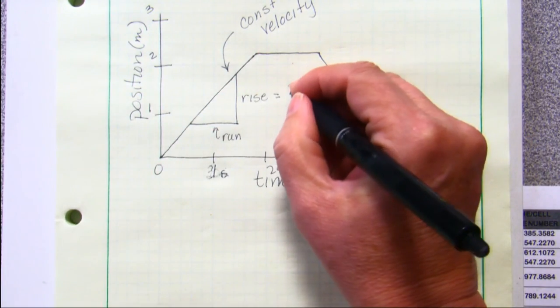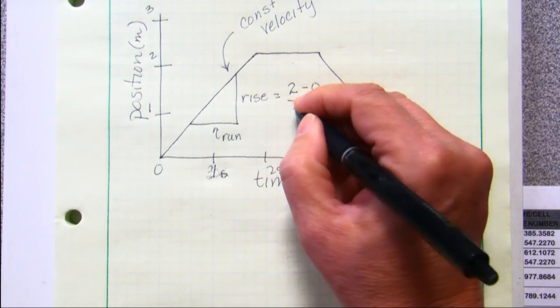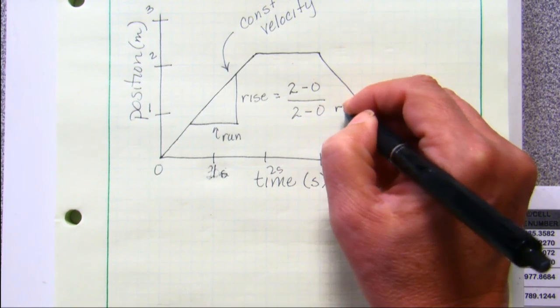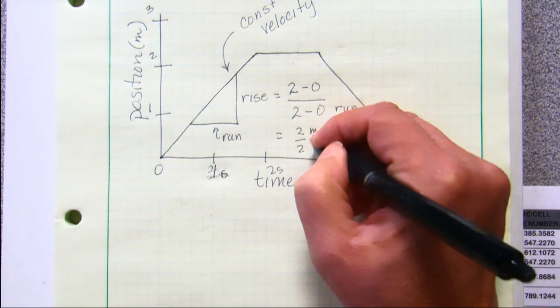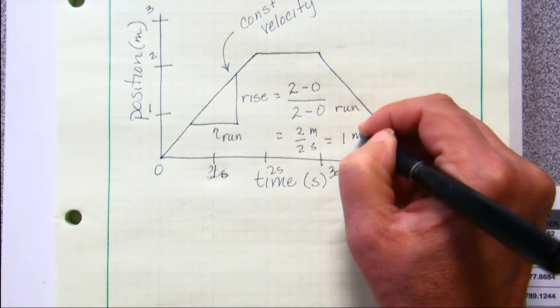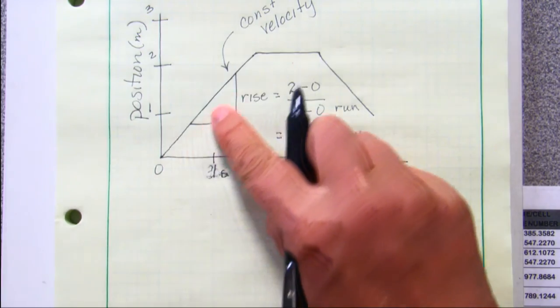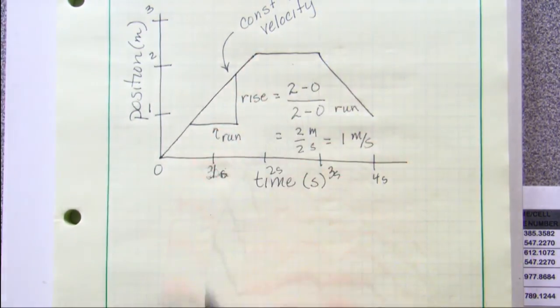So the final position was 2, the initial position was 0, the final time was 2, the initial one was 0, and this is the run part. And so this is going to be 2 divided by 2, and this is meters per second. This is going to give me 1 meter per second. So I can determine the constant velocity off of my graph. I can use the slope to determine the constant.